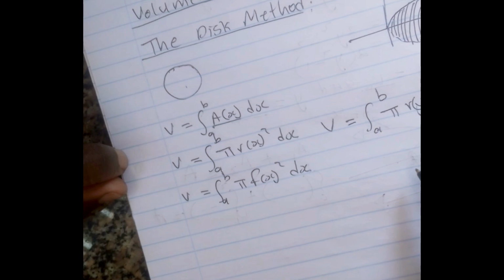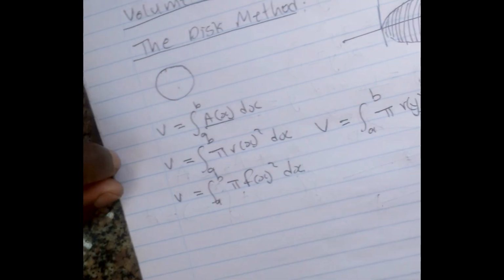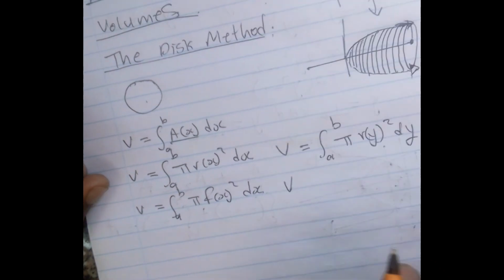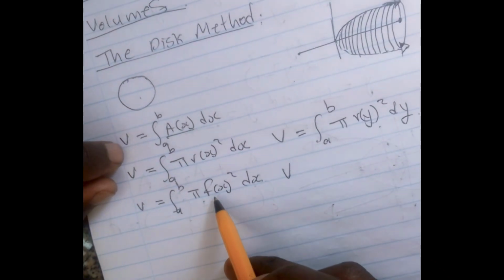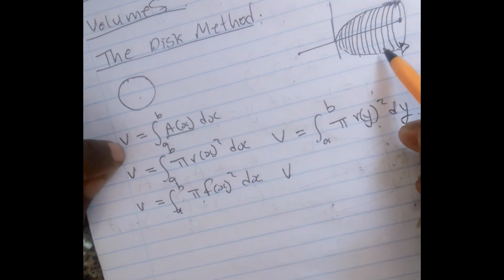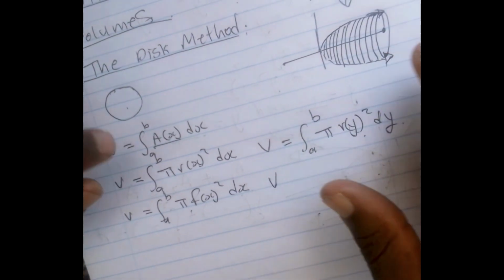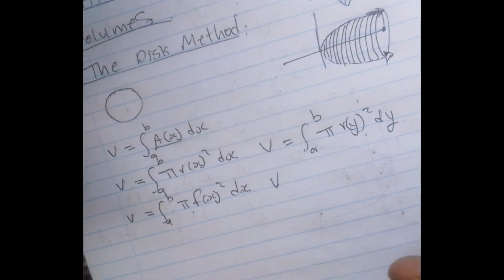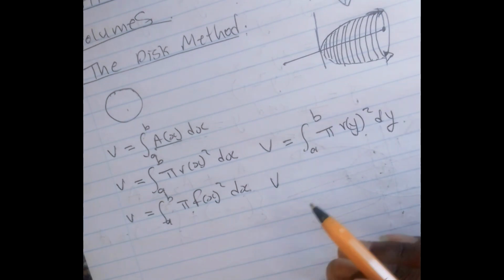I don't like it like this, because if we say the function, students get confused when you revolve this about a line maybe equal to -1. But when you're working with the radius, you know that you're just looking at the radius.